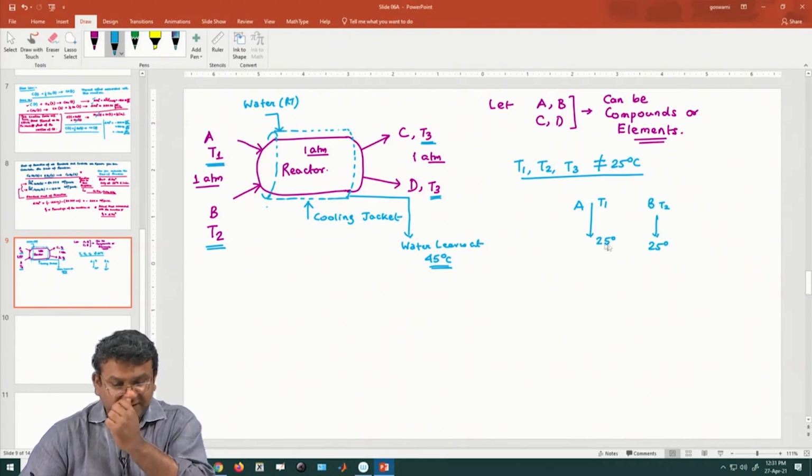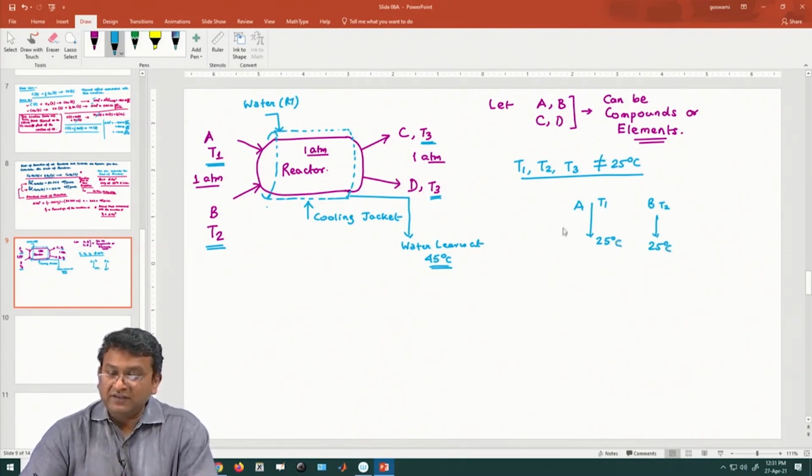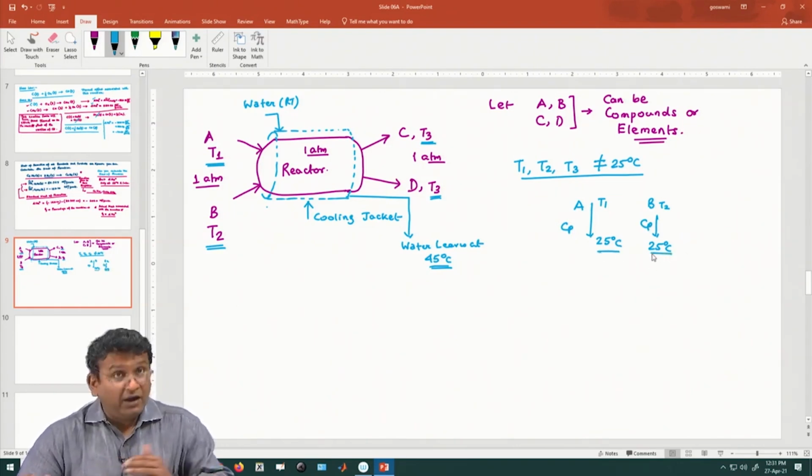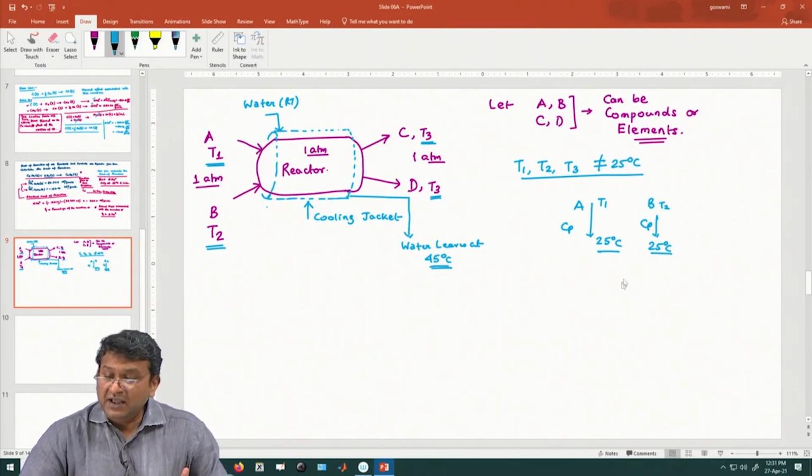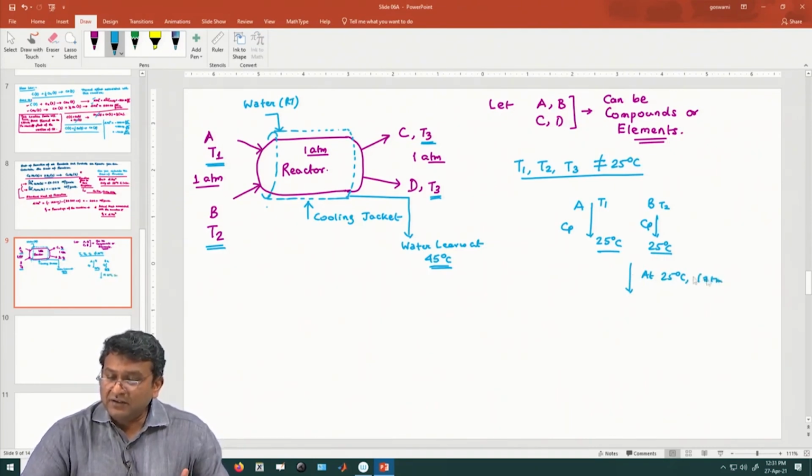You know the mass of this A, you know the Cp values of this A, and then once they are down to 25 degrees centigrade, now you can calculate the heat of reaction at 25 degrees centigrade and 1 atmospheric pressure.